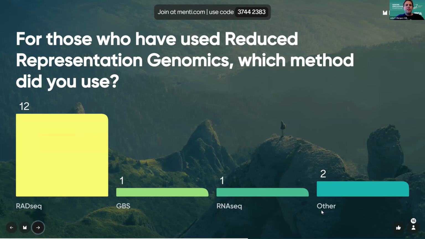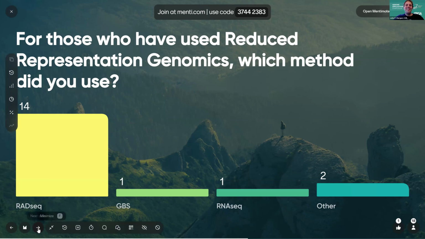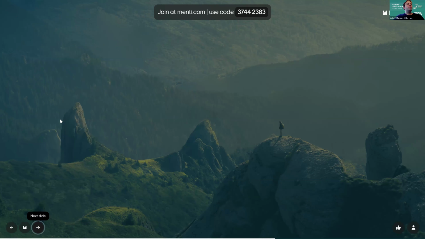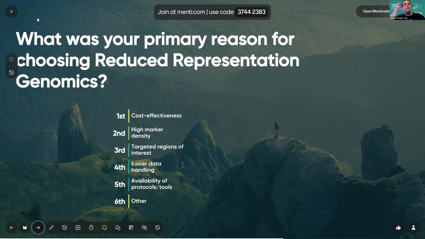It's really challenging to deal with the Zoom bar at the same time as all the other screens moving. Okay, so most use RADseq, which makes sense, and I would say that was expected. And now, what was the primary reason for choosing it?